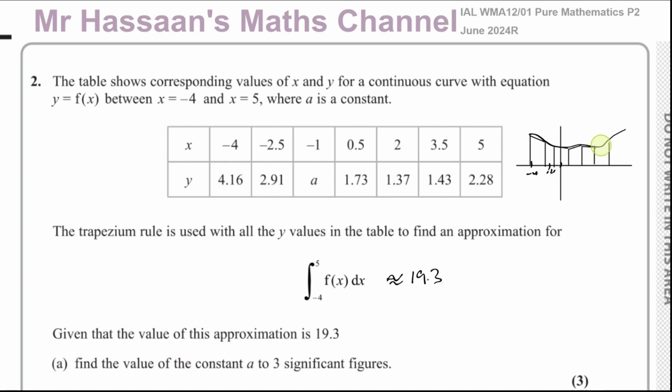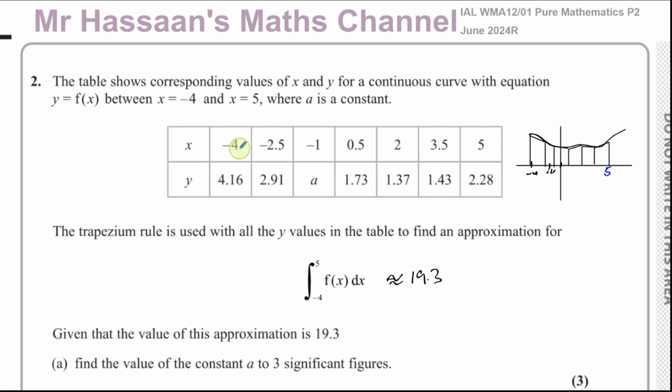When we find the area of each of these individual trapeziums and add them together, it gives us an approximation for the area under the curve between those values. They're all supposed to be of equal width, as we can see that they are.